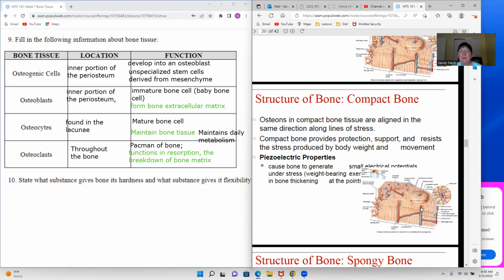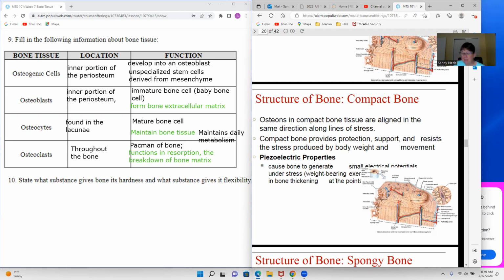Now, each bone cell, each osteocyte, generates a small electrical potential under stress. If you remember, this is not some voodoo thing, but each cell has electrons that spin around it, and those spins create this electrical potential.